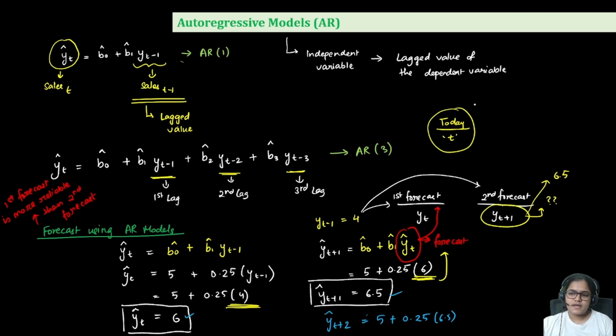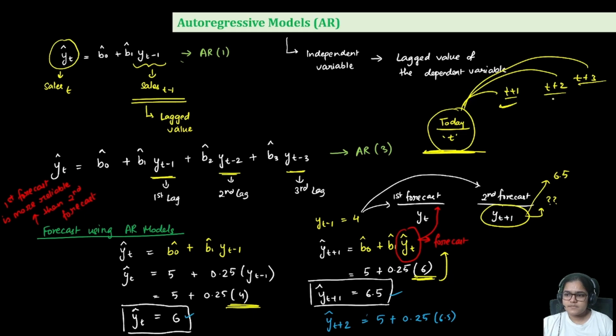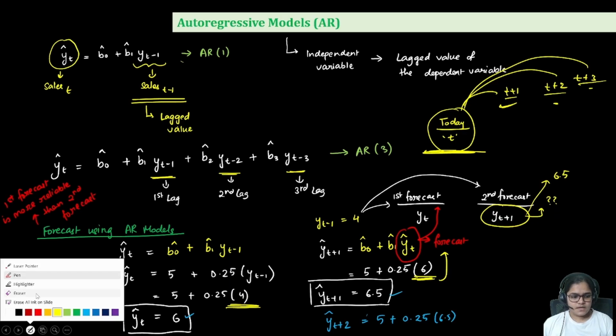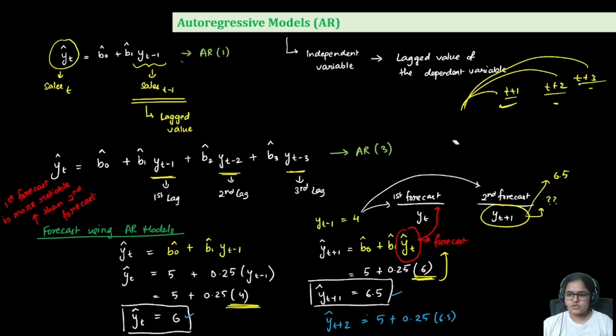Now, standing in time t, if you want to forecast sales of t plus 1, t plus 2, t plus 3, t plus 4, then obviously t plus 1 is a more reliable estimate, t plus 2 is slightly less reliable, t plus 3 is even less reliable, and so on and so forth. But understood how we forecast using auto-regression models, how we forecast using AR models, right? So first you will have to forecast this input. Okay, then you can forecast whatever you want.